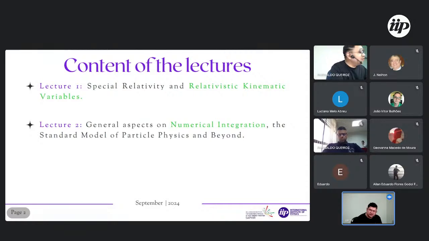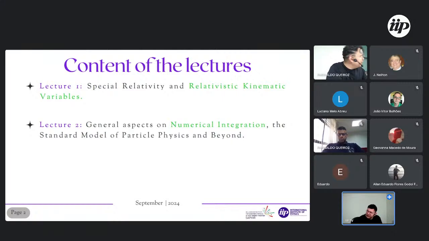And as usual, in talks related to particle physics, it is necessary to introduce some aspects of the standard model of particle physics and beyond the standard model of particle physics.